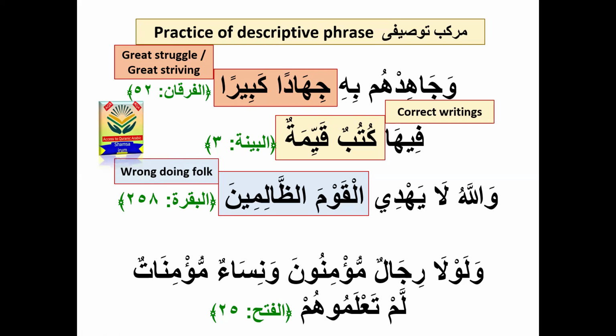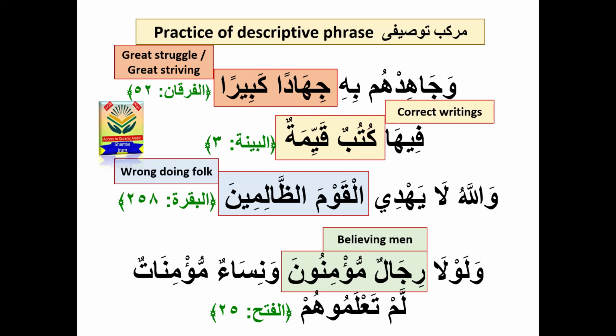Okay. In the next ayah, find the descriptive phrase: rijalun mu'minuna. The meaning is believing men. Rijalun is mawsuf, mu'minuna is sifa. They both are masculine, they both are in rafa state, they both are nakira, and they both are plural.